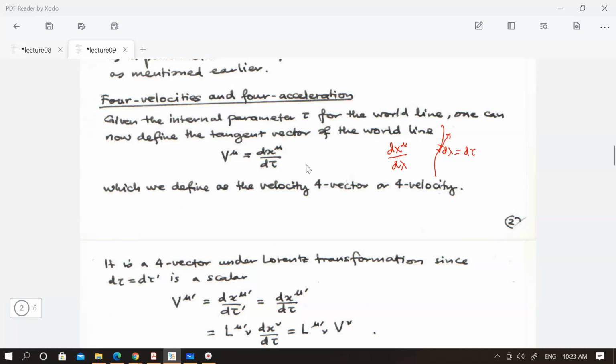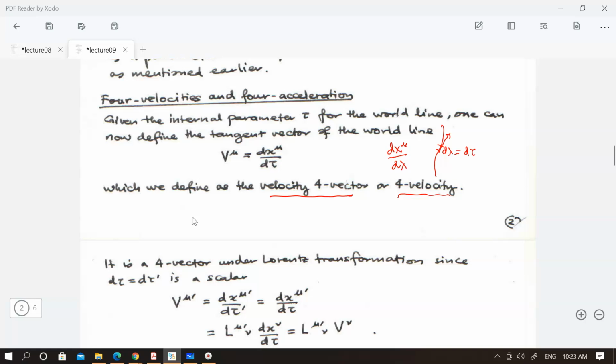We define this as the velocity 4 vector, or the 4 velocity. As you can see, this quantity, the 4 velocity, is an object with an index on top.